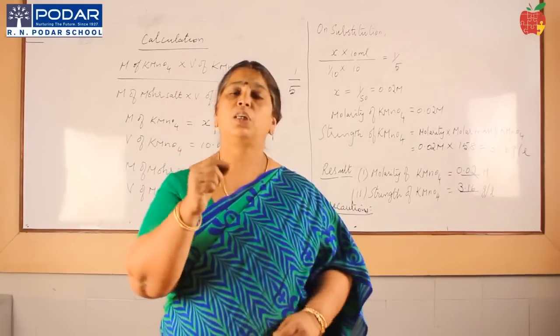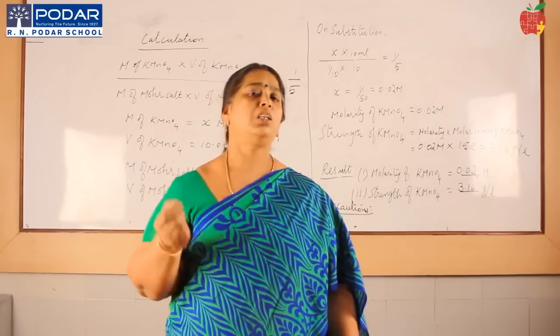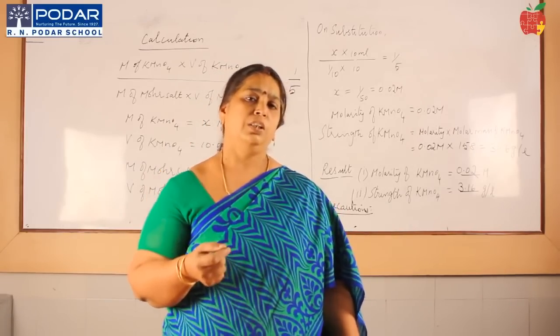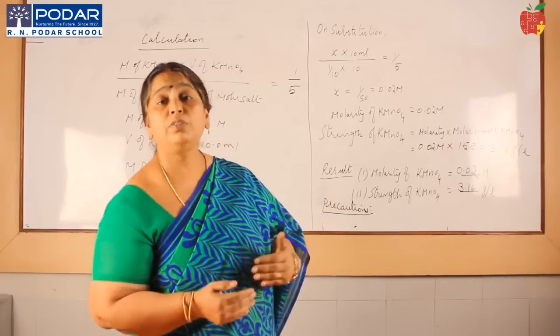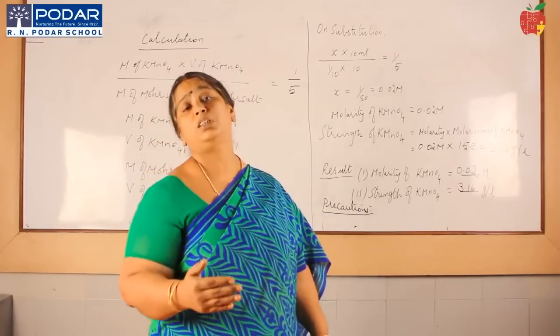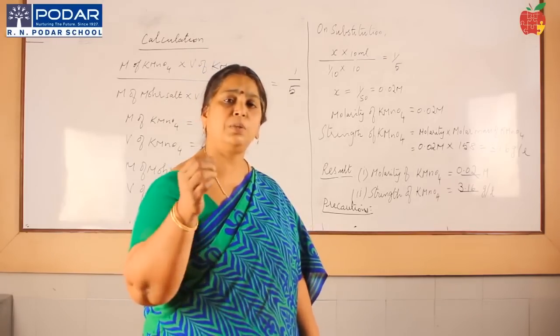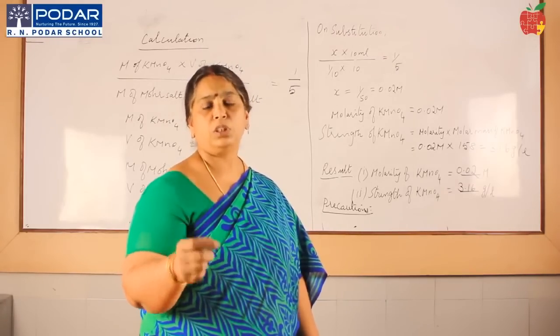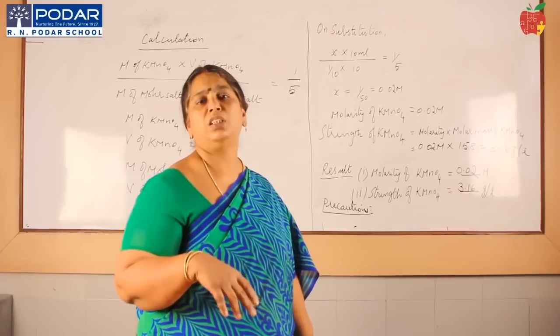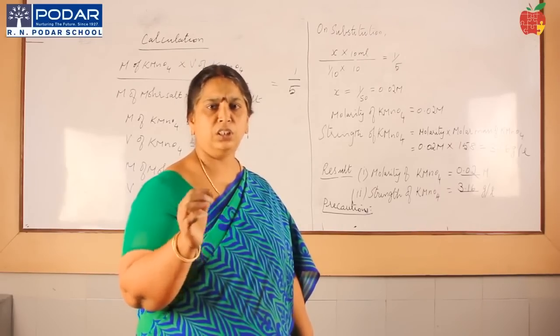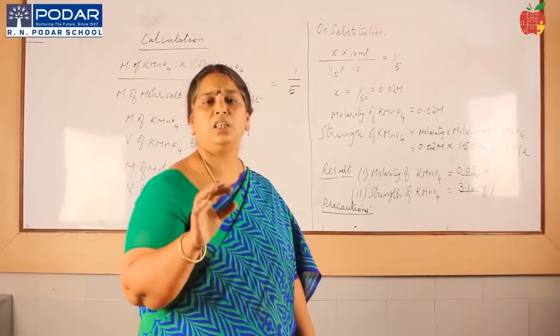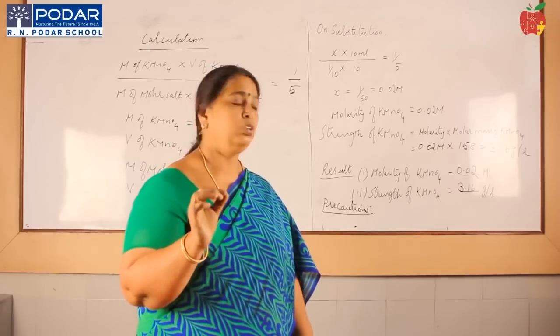Any water droplets in the burette or the pipette can dilute the solution. Here we are very much bothered about the concentration of the solution, so we do not want it to get diluted. So rinse the burette with the KMnO4 solution. Rinse the pipette with the Mohr's salt solution. But please do not rinse the conical flask with any other solution. Just wash it, dry it, and then pipette out and do the experiment.